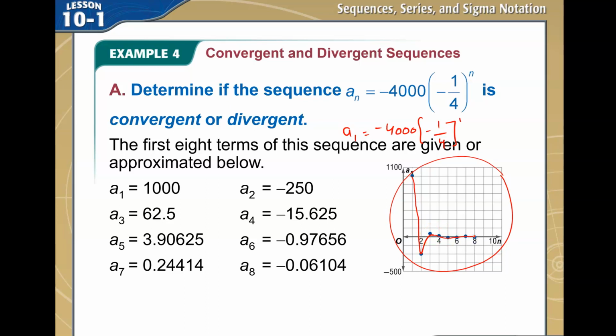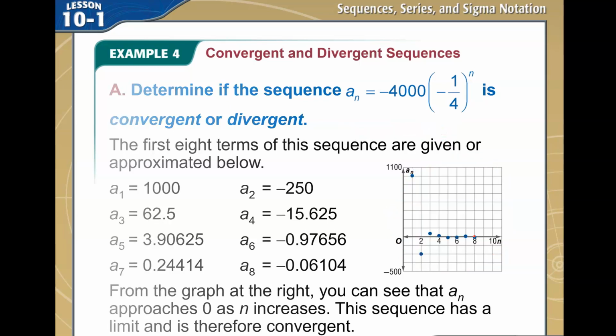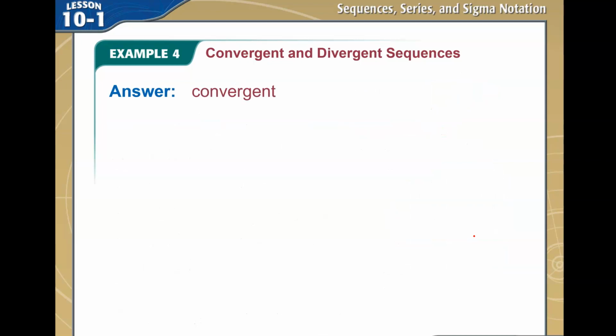From these numbers on the left side and this graph on the right side, the sequence is going towards one specific number, and when a sequence is approaching one specific number, that type of sequence is known as a convergent sequence.